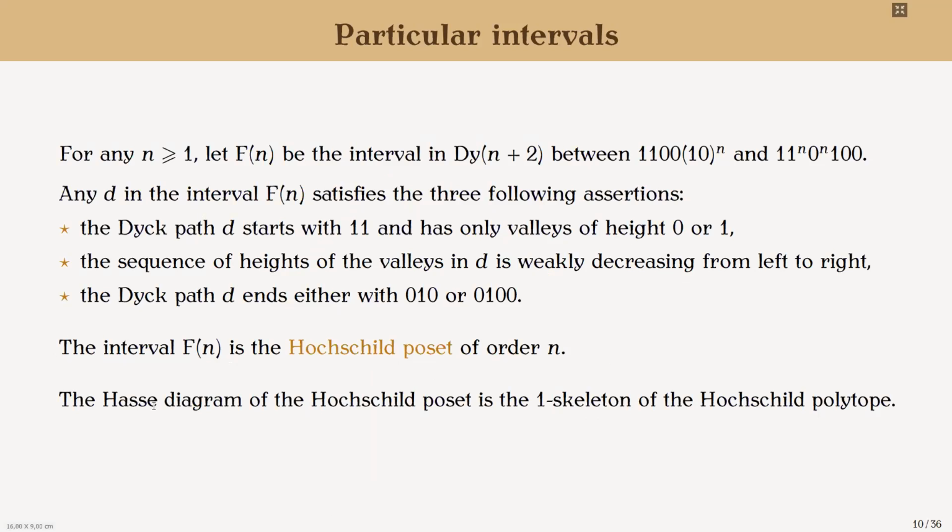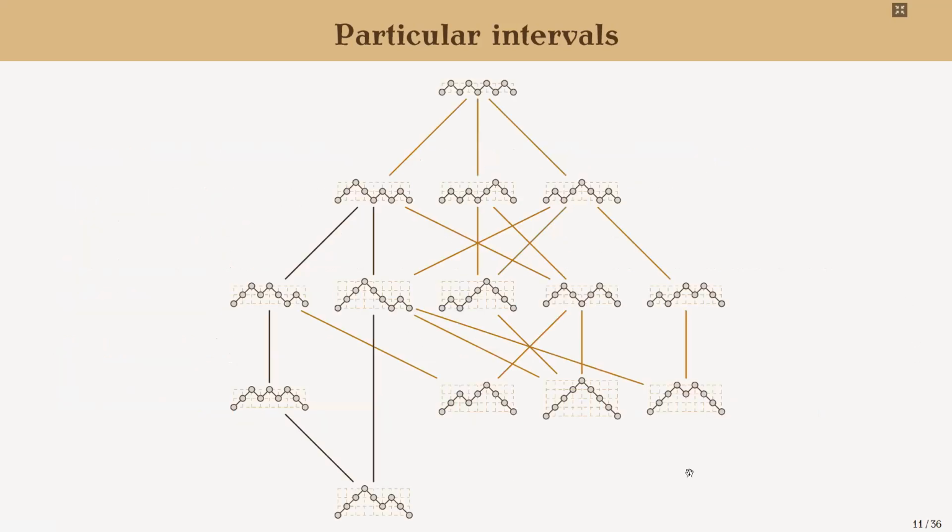And as I said in the introduction, the Hasse diagram of the Hochschild poset is the one skeleton of the Hochschild polytope, or freehedron. So here is a bigger example of the Dexter order, and the particular interval, the Hochschild poset, is here, where the smaller element is here, and the greater is here.